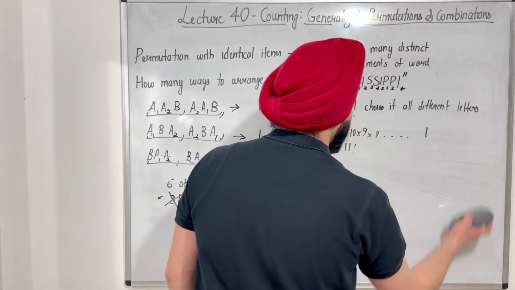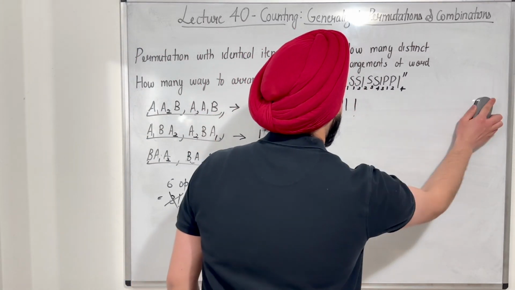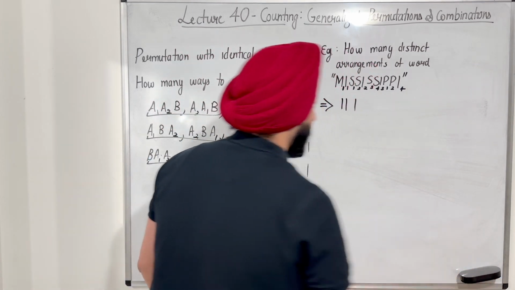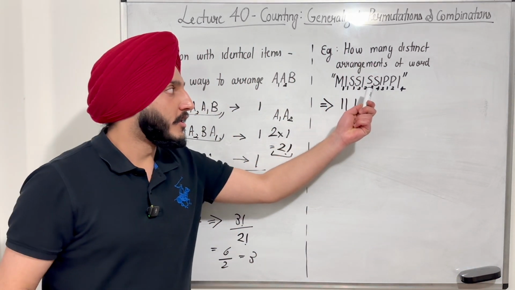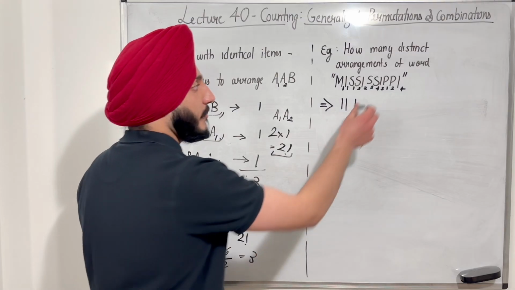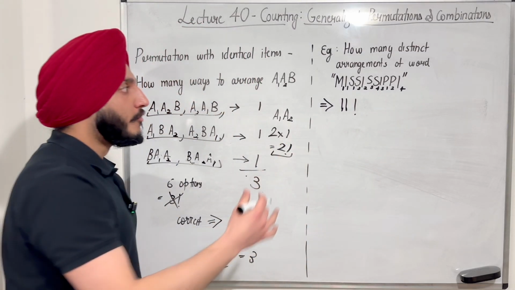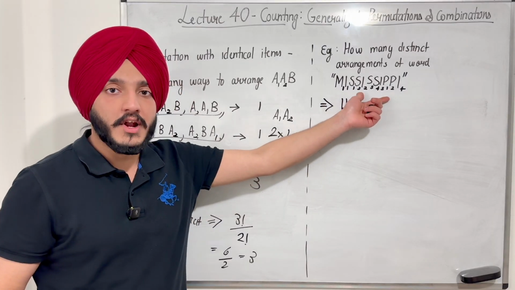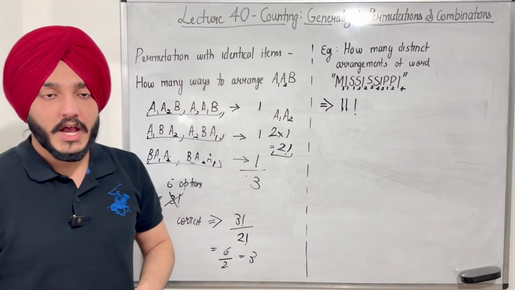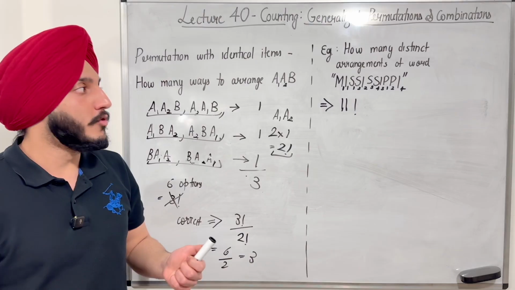Now let's understand what happens when we have similar elements. If I remove these numbers, what should the actual answer to this question be? There's no way that the word Mississippi has 11 factorial arrangements. If you think about it, that's way too much.